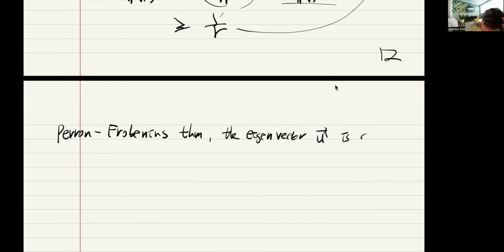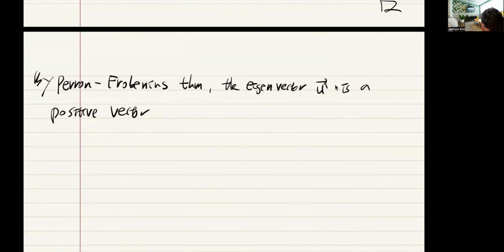This is a positive vector. Then, by multiplying by some constant if necessary, we assume that the sum of its coordinates is 1.